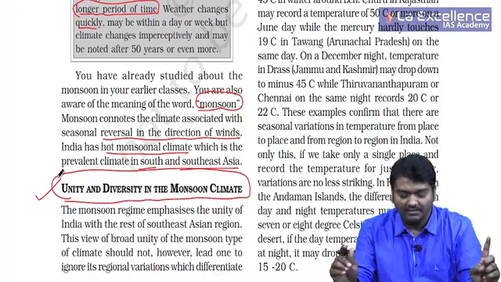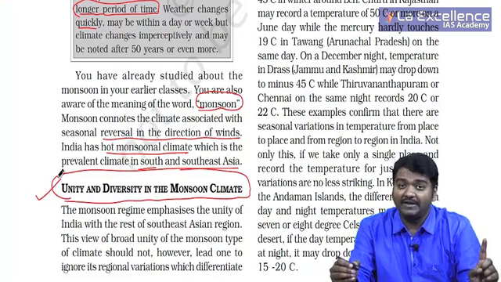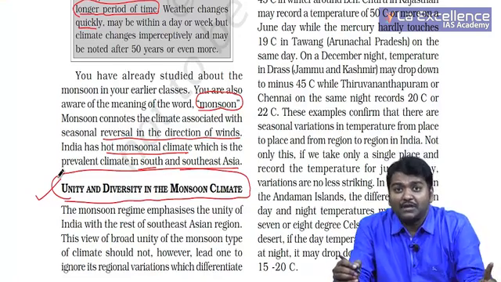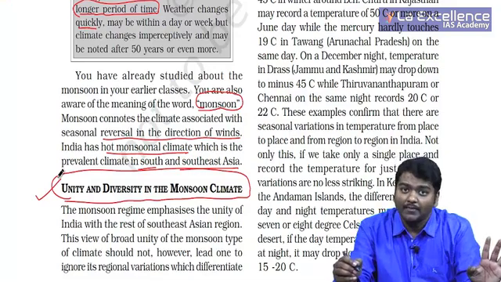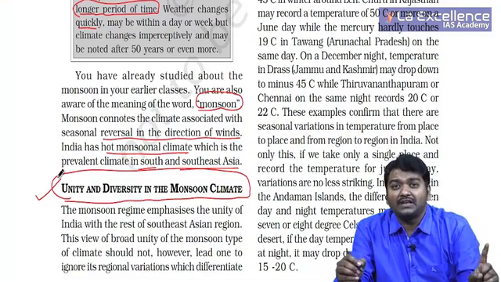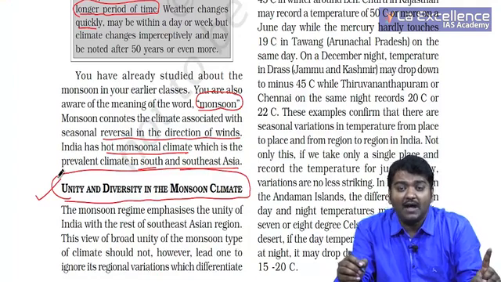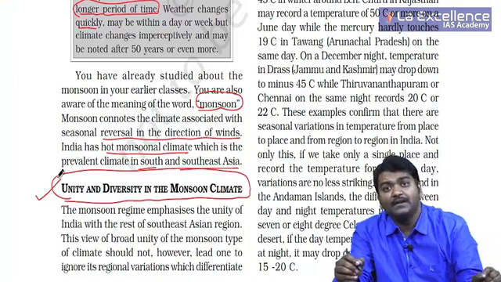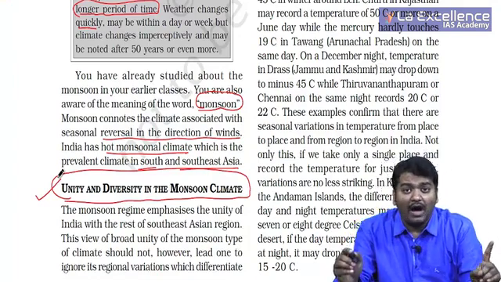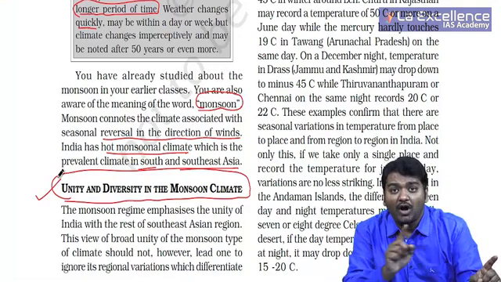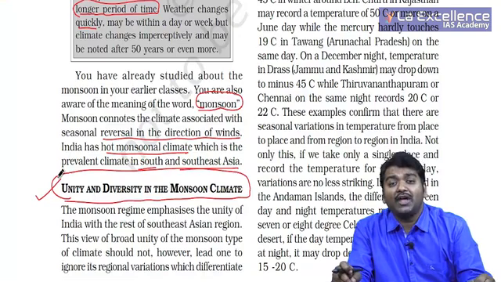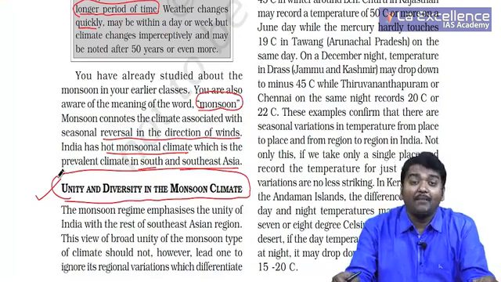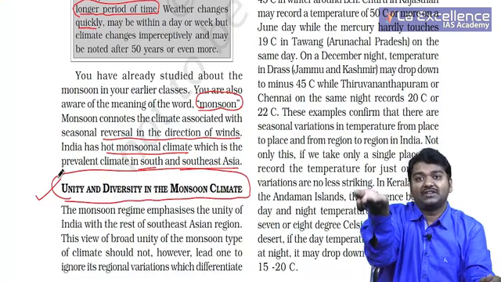The first important thing this chapter talks about with diversity is temperature diversity in different parts of India. For example, they take the case of the cold desert in Ladakh and the hot desert in Rajasthan. And even though Agra and Darjeeling are on the same latitude, you usually observe that Darjeeling is much cooler compared to Agra, because Darjeeling's elevation is high.